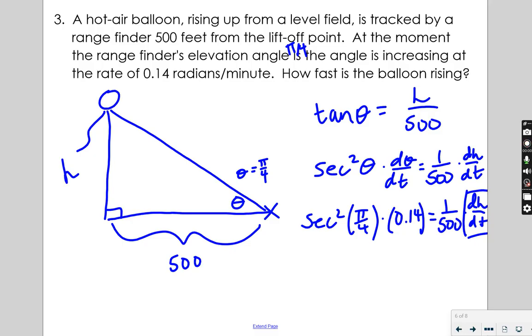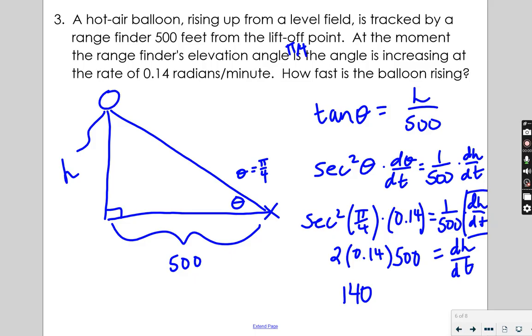All right, so you could use a calculator to solve this, but I don't think it's actually that bad. Because the secant of pi over 4, let's see, what's the cosine of pi over 4? Root 2 over 2, so the secant of pi over 4 is root 2. Root 2 squared would make this 2 times 0.14, and I'm going to multiply by 500 on both sides to get dh dt by itself. So that's 1,000 times 0.14, so 140.